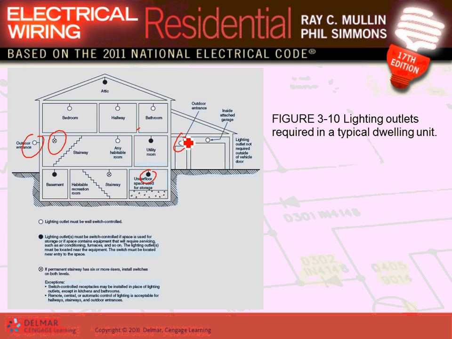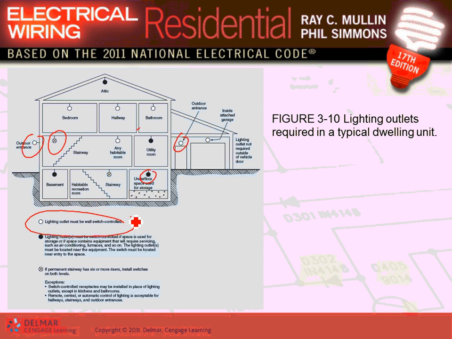They can be wall-mounted switches, or they can be pull chains. There are places where they have to be wall-mounted. The lighting outlet must be switch controlled. All these are switch controlled.